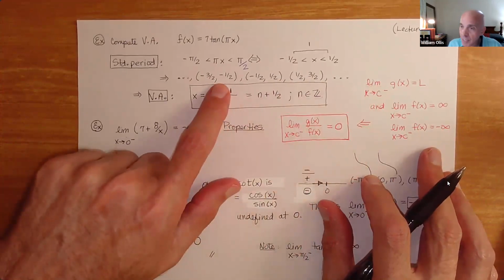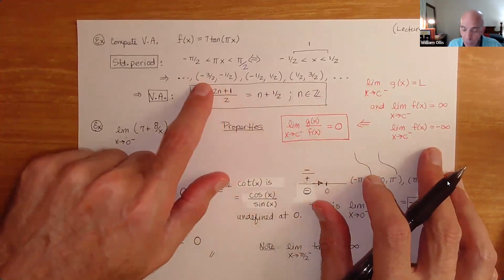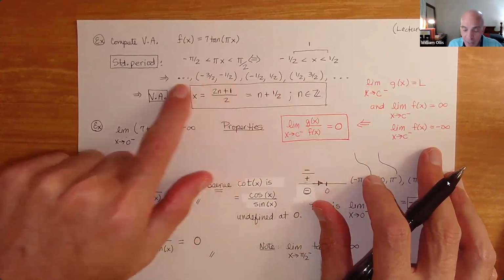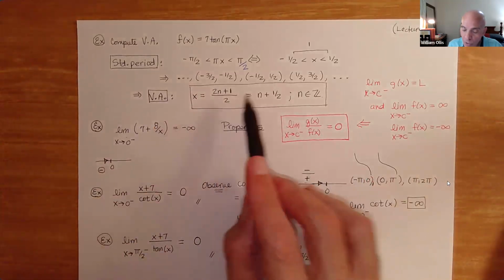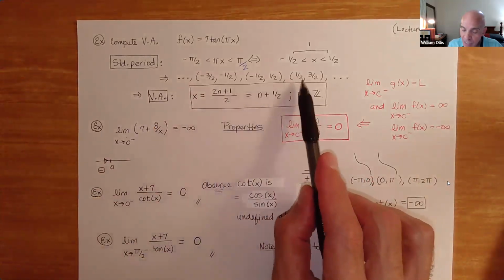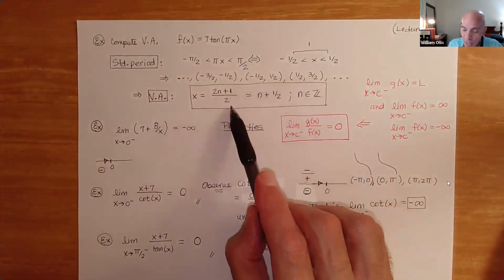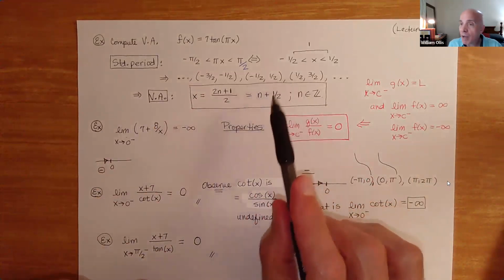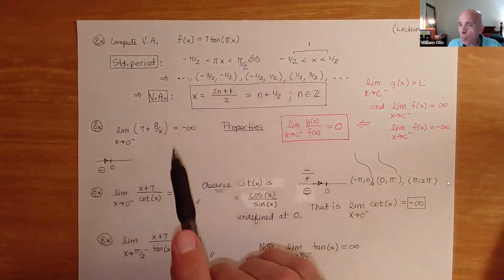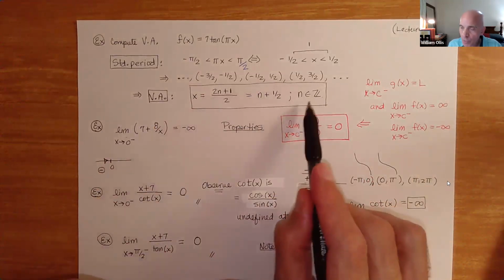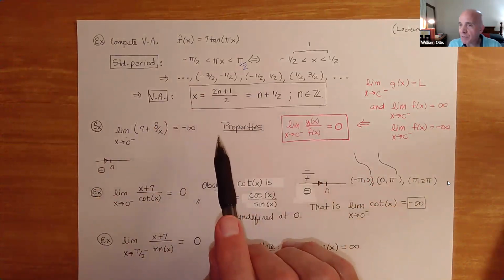And then you can go in the negative direction, -3/2 to -1/2, -5/2 to -3/2. So now what you're seeing is that the asymptotes have 2 in the denominator, but you have an odd integer in the numerator. I think in the problem, they request that you use n for the representation of the integer.